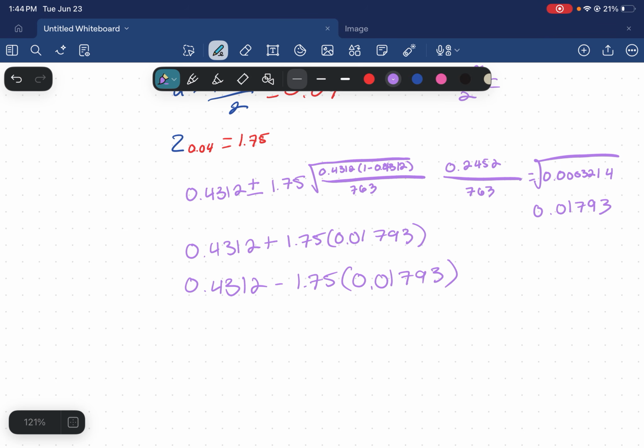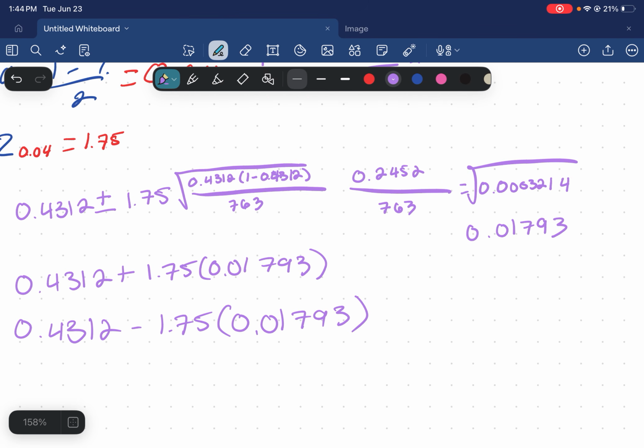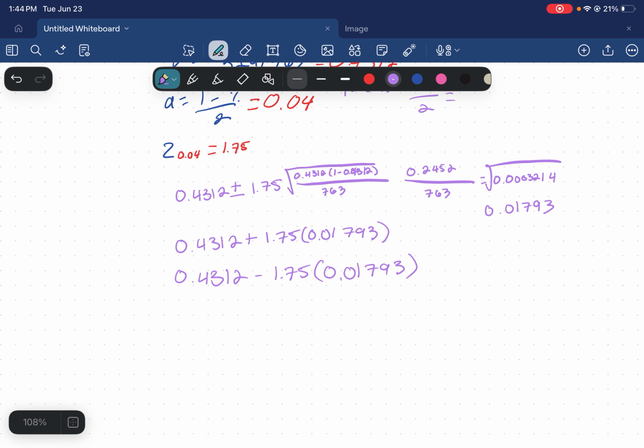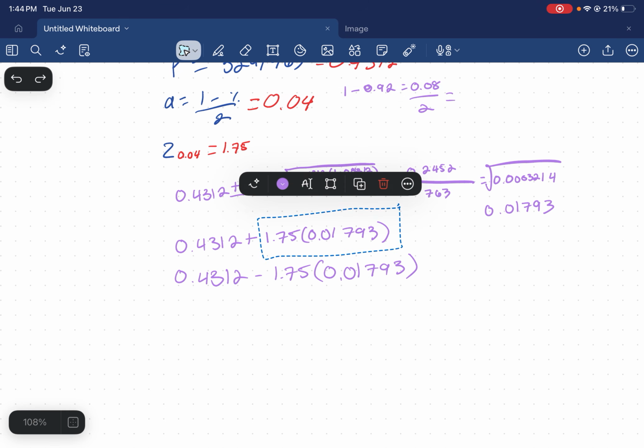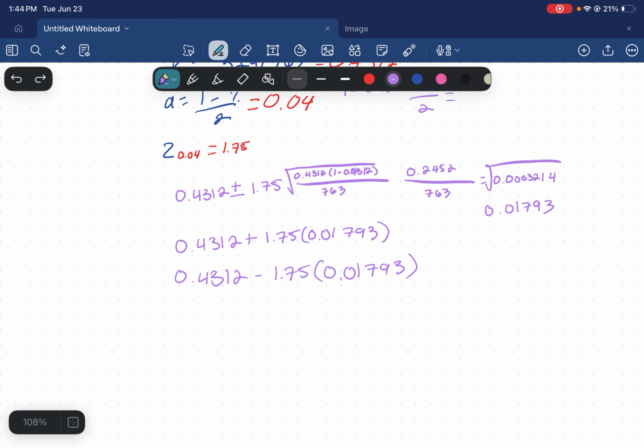Okay, so 1.75 times 0.01793 is, so this whole section right here is equal to 0.0314.